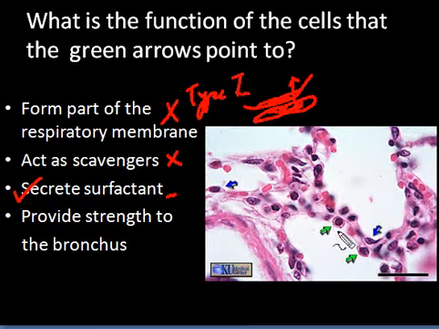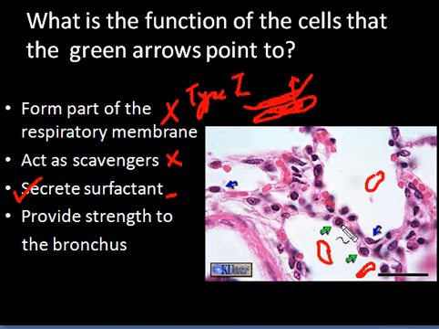So these are the type 2 cells, and therefore this is the correct answer, because one is, you can see that these cells are quite large, they have enough cytoplasm. So when a cell has to secrete, it has to have a lot of cytoplasm. So it cannot be a cell like this, which has hardly any cytoplasm, like the type 1. And the dust cells, the scavenger cells, are often seen inside because they are wandering macrophages. So anything which will not be the type 2 cell which secretes will not be inside the alveolus, it will line the alveolus.